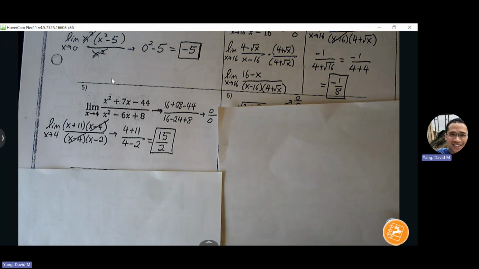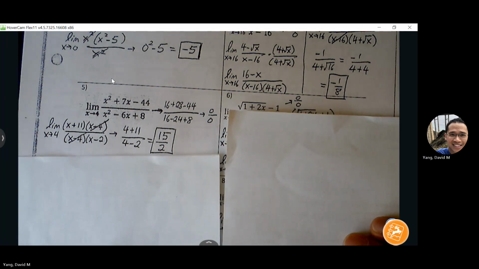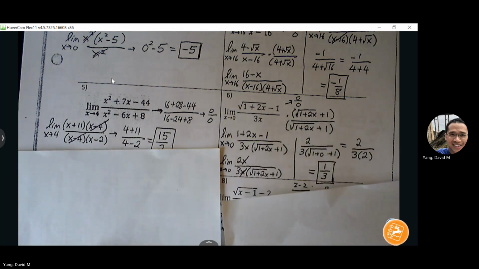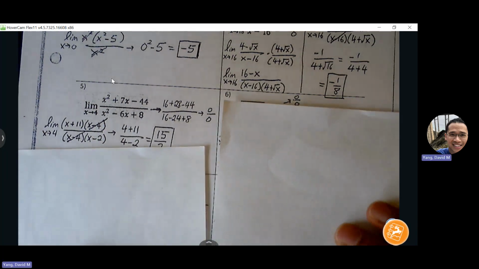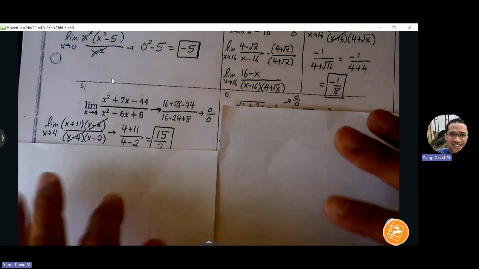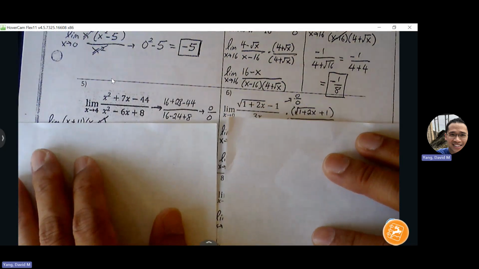Okay, number 6. Let's start off with direct substitution, and then you see the radical, so you know that most likely it involves the conjugate method.